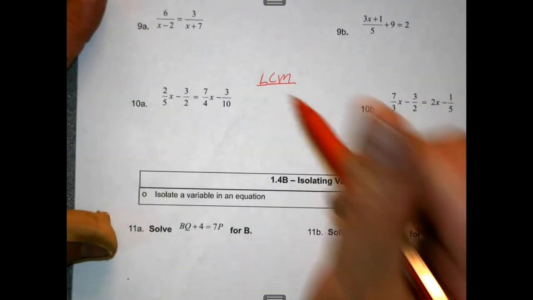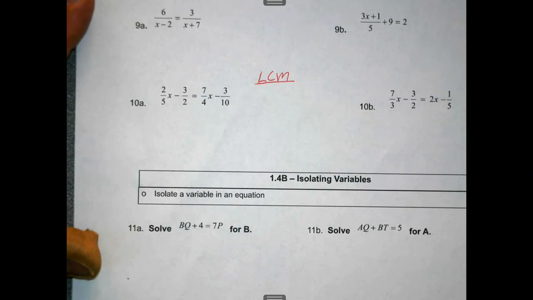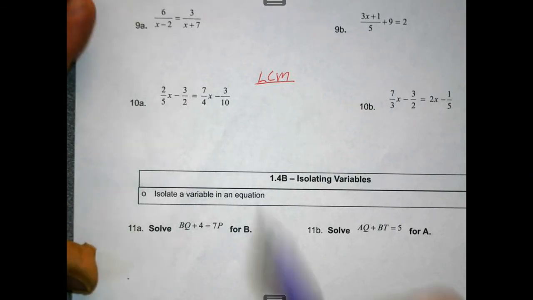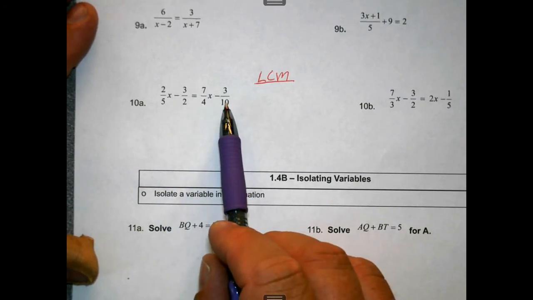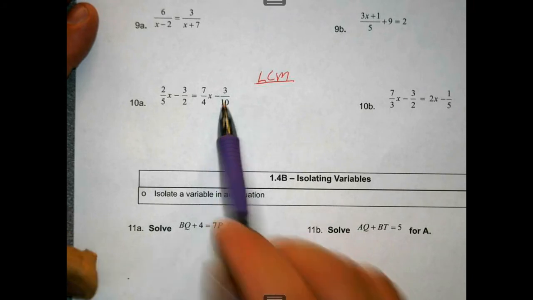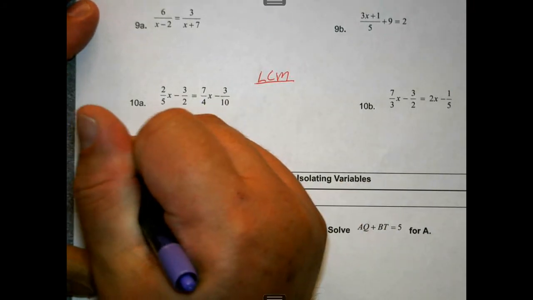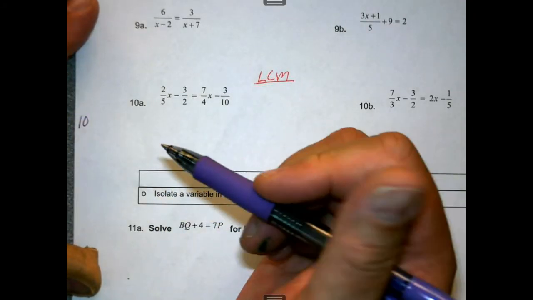Well, in Algebra 2, we call it the lowest common multiple. So I'm going to look at my biggest denominator, which is 10, and I'm going to write out some multiples of 10.